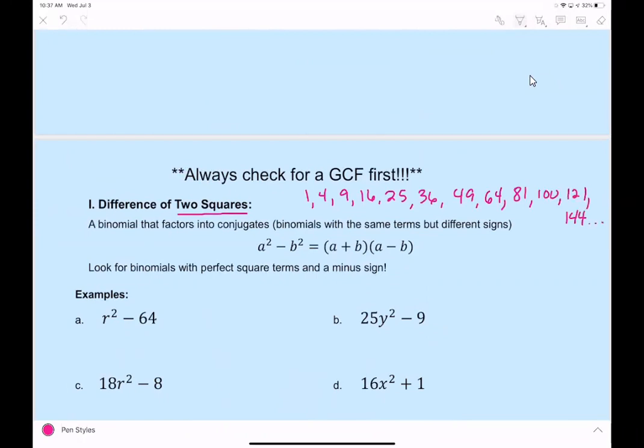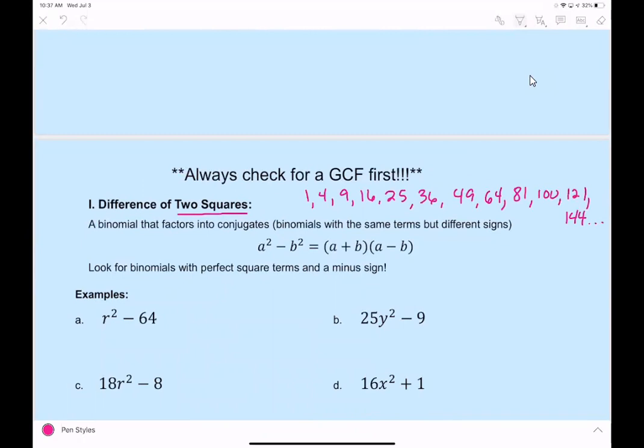In the previous lesson on simplifying radicals, perfect squares, and perfect cubes, I would encourage you to learn these first, at least the first 12, so that you can easily recognize, oh, okay, that's a perfect square.